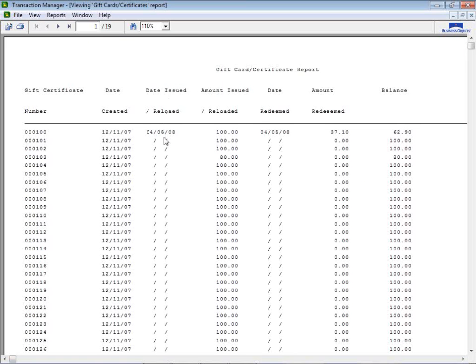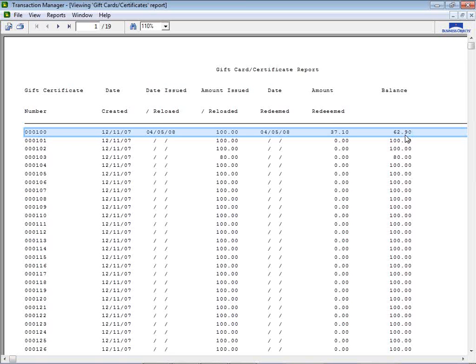So if you put some more money on there, that's the date it's going to show. Then the total amount you've paid into the card, the total amount you've redeemed, and therefore the balance. For example, this first card here was issued for $100. They've used up $37, so we know there's $62.90 left available to use.